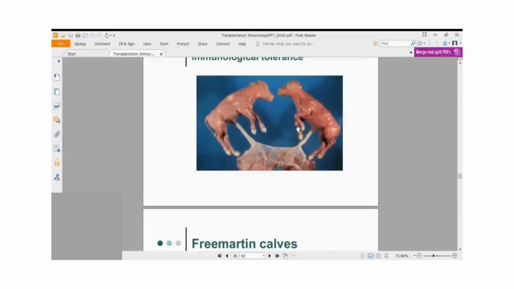That is what was proved. So one of the experiments that was done and that won a Nobel Prize, not in human beings, was done in mice. I will explain about that experiment a little later.